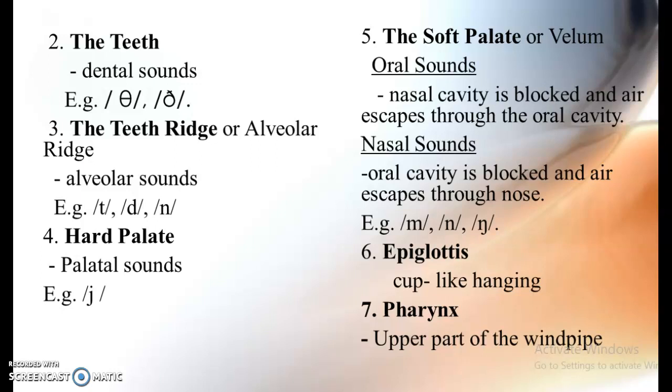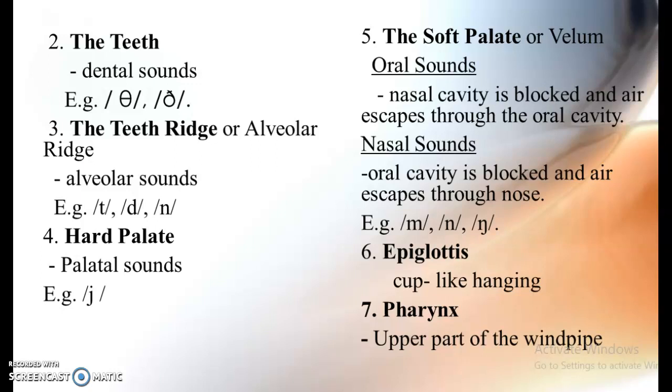So the soft palate functions like a valve. It can be raised or lowered. If the soft palate is raised, the nasal cavity will get blocked and all the air escapes through the oral cavity. In this manner, we have oral sounds.